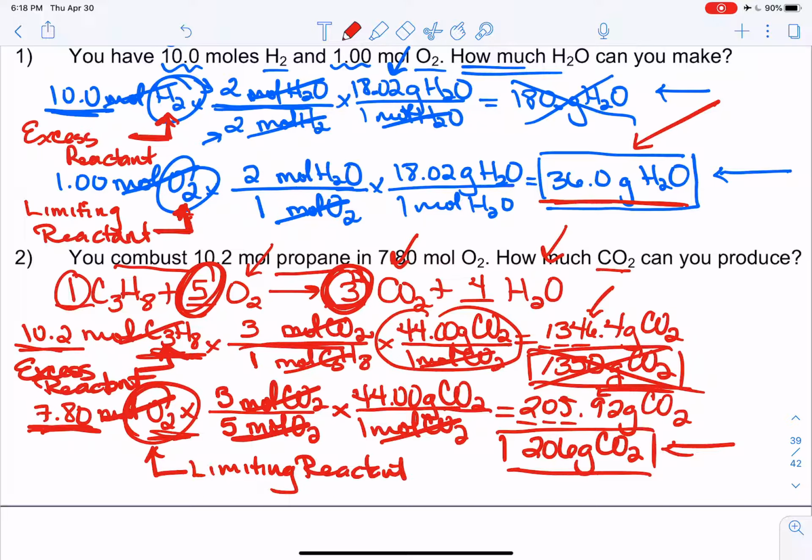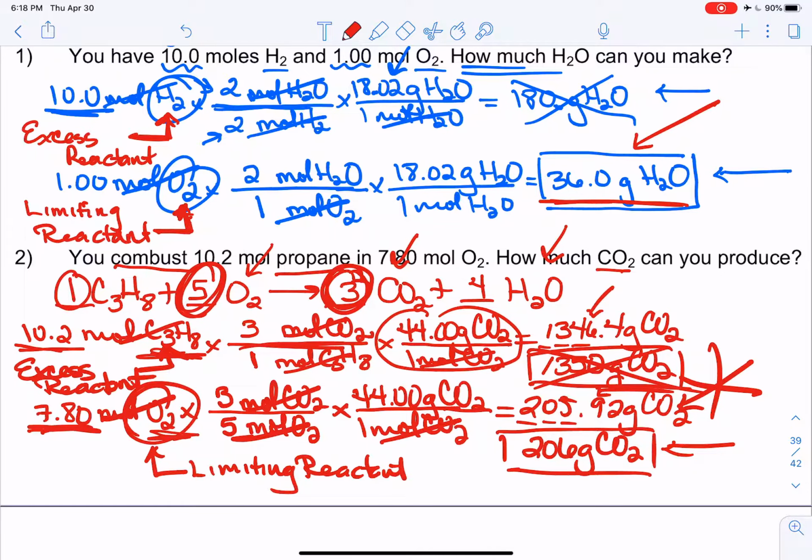Okay, again, do not point at CO2 and write limiting reactant, because CO2 is a product. So it's definitely not a limiting reactant, because it's either a reactant or a product, not both. All right, so that is number 2.